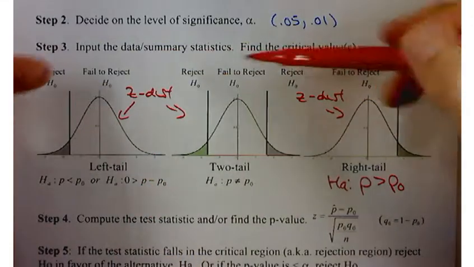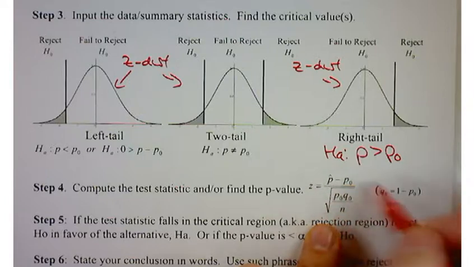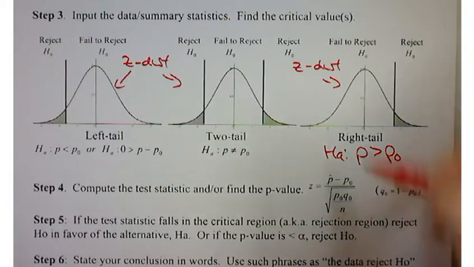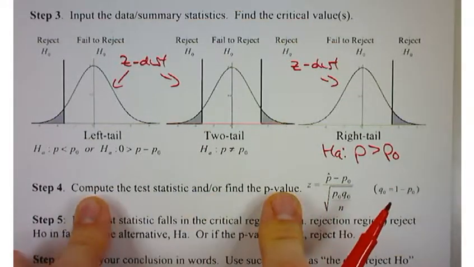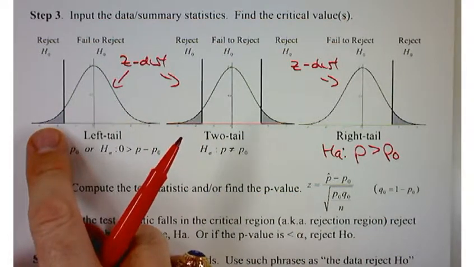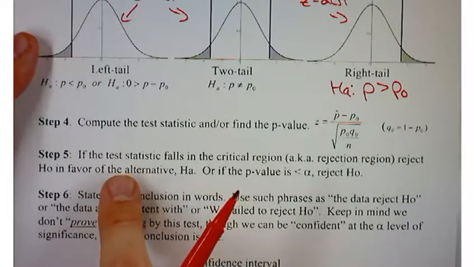Then what you would do is calculate a test statistic. Here's the form of our test statistic. We'll do this by hand once, and then we're going to rely on technology after that. But based on the value of your test statistic, where it lands is going to tell you what your decision is. Are you going to reject H0, or are you going to fail to reject H0?